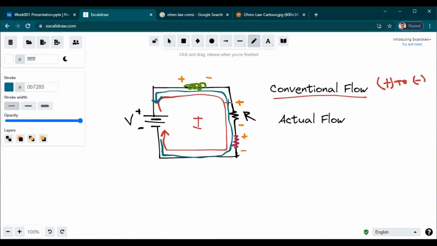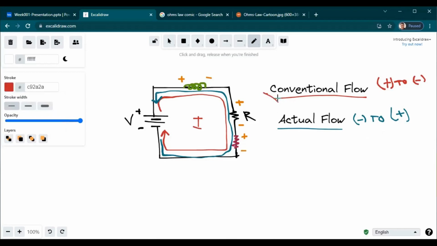The current here flows from the negative to positive. This is the correct flow as the word actual. This is not correct. But the more commonly used flow when analyzing circuits is the conventional flow.